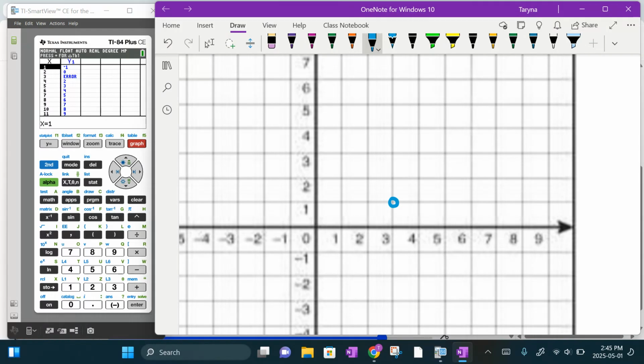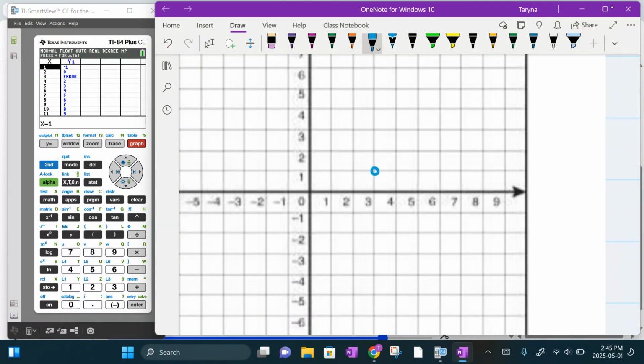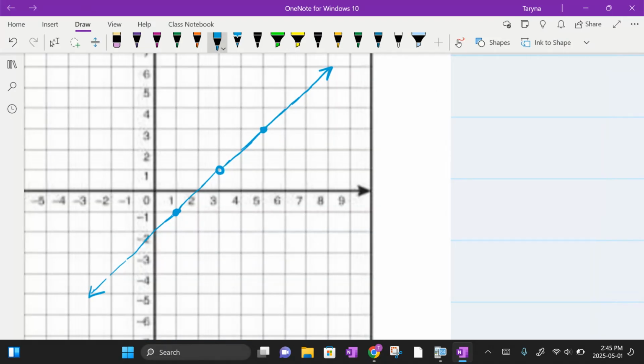Right, so from here, 1, -1, just pick a few, 5, 3, right, and then nope, because it's no longer a vertical asymptote.